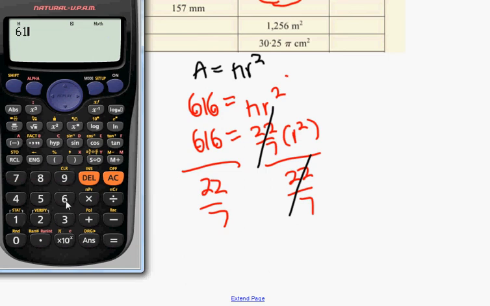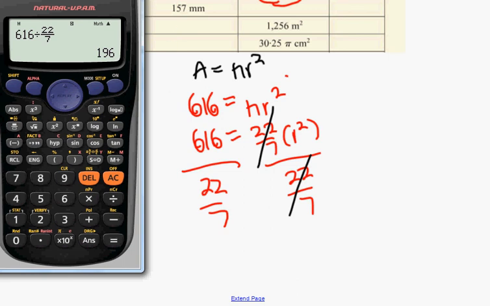You can do 616, you press the divide button, then you press the fraction button again and you get 22 over 7, and your answer will be 196. Another way of doing it is to do 616 divided by fraction button 22 over 7. You should still get 196.